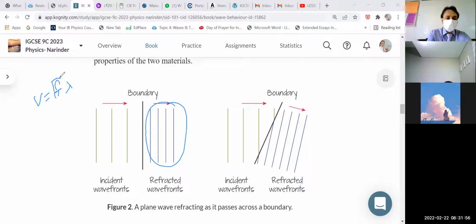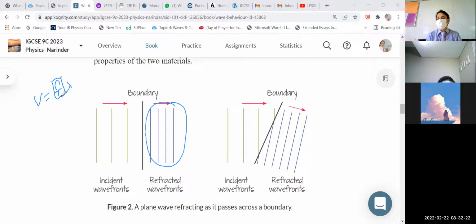The one factor here, children, is the frequency of the wave. Whether the wave is in deep water or in shallow water, the frequency of the wave always remains unchanged. Unchanged, children.